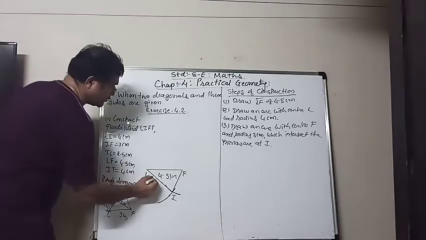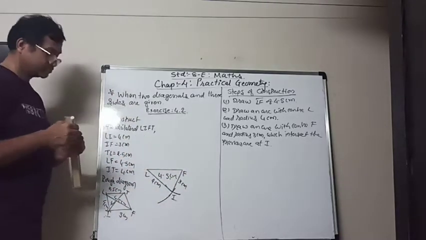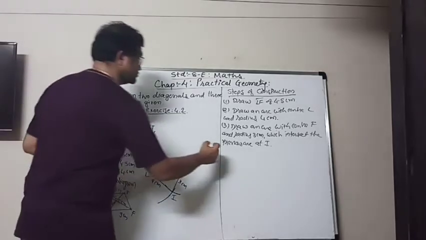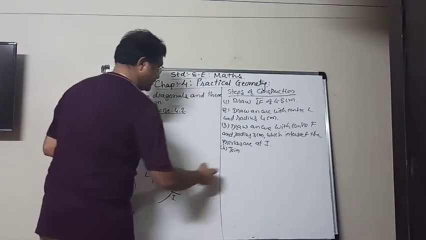Here also we will write down 4 centimeter and 3 centimeter. Now the remaining construction: join IF and IL.